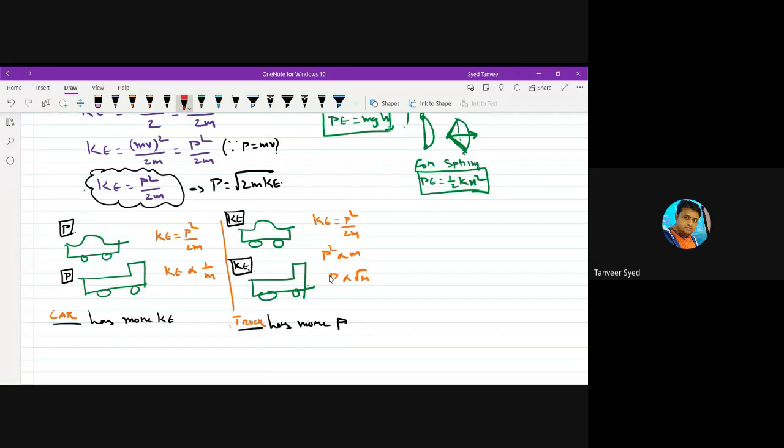So if you have clarity on these concepts and enter into class 11, then you will be ahead of your other competitors. You will get an edge over your other competitors. So you have fair chances of getting good marks or getting good ranks in competitive examinations.